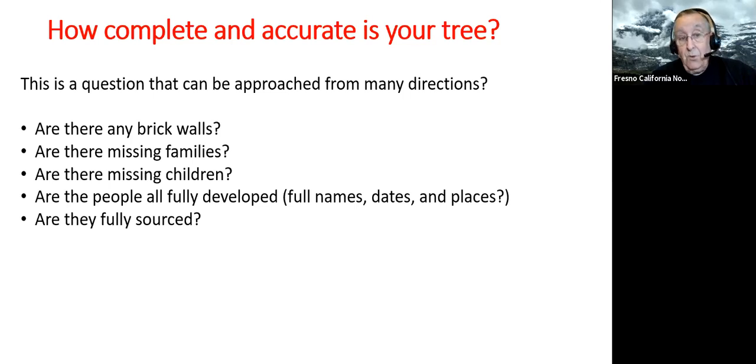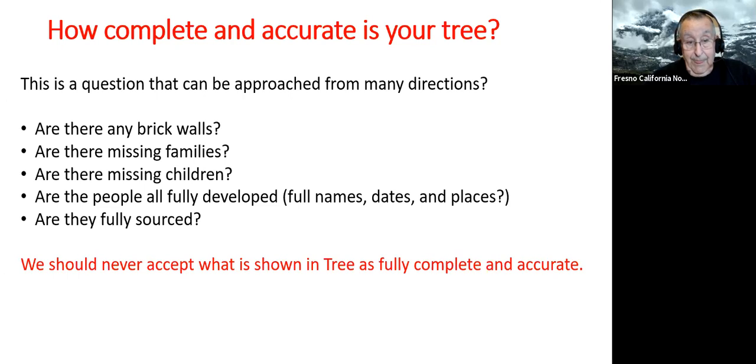Are they fully sourced? And we know for a fact that the majority of the people in the tree are absolutely not fully sourced. And so there's still a lot that needs to be done on trees. And we should never really accept what is shown on the tree to either be fully complete or accurate until we verify it.